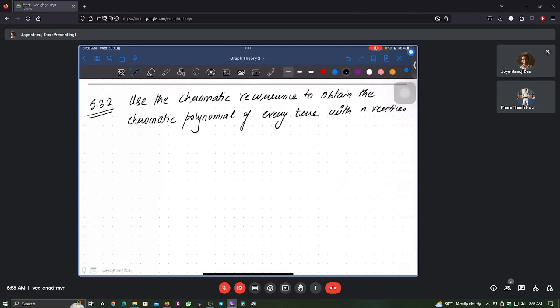So let us see. The proof will be by induction on n, where n is the number of vertices. For n equals 1, it is true, so the polynomial is k.